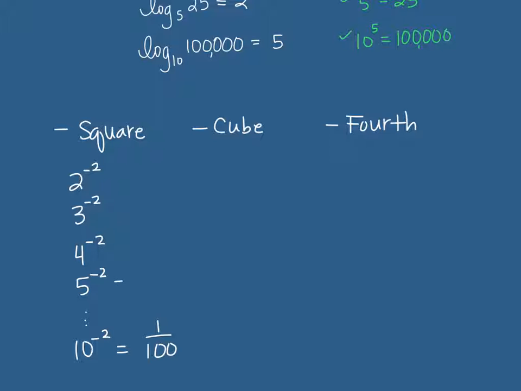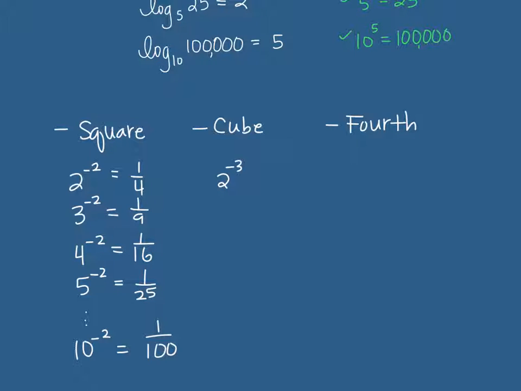If 5 to the positive square is 25, then 5 to the negative square is the fraction 1/25. Okay. Negative powers are just fraction answers. And so 1 over 16, 1 over 9, 1 over 4. Negative squares make fraction answers. So the same thing would be true for all the cubes.